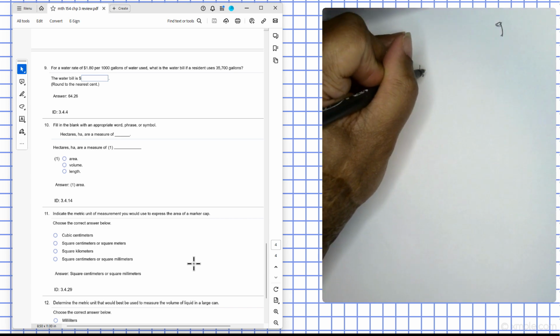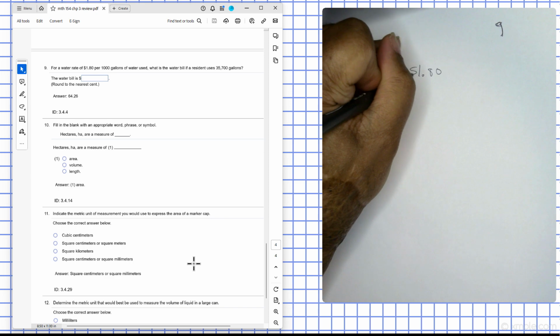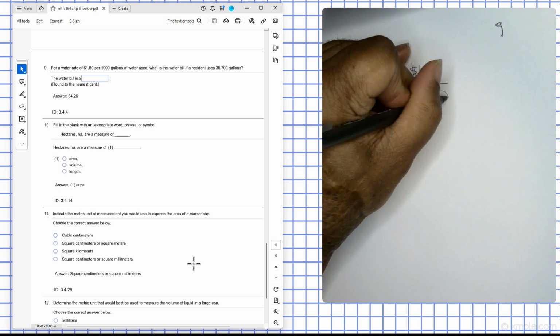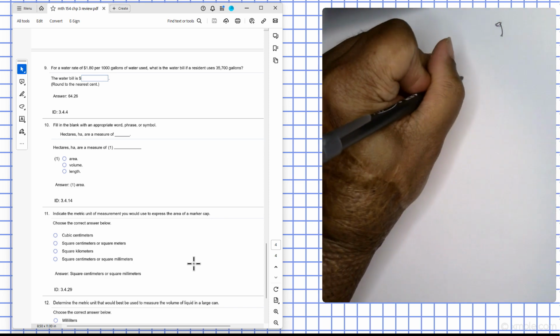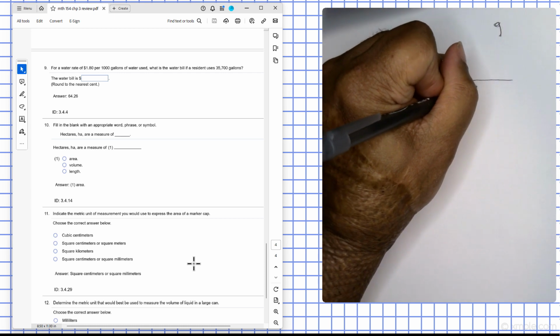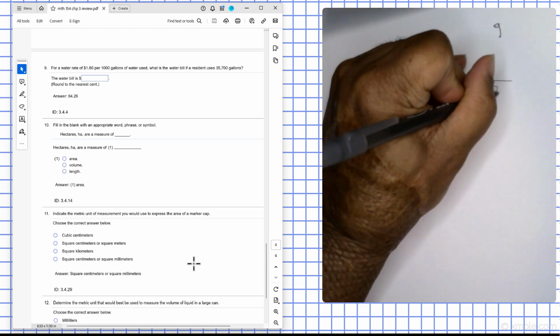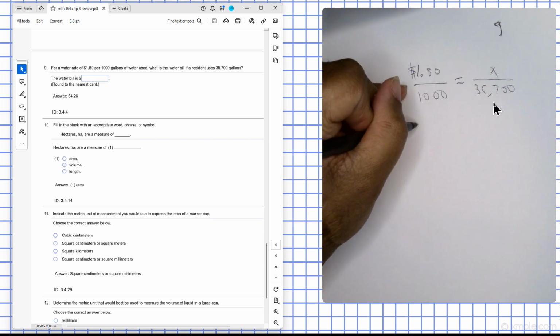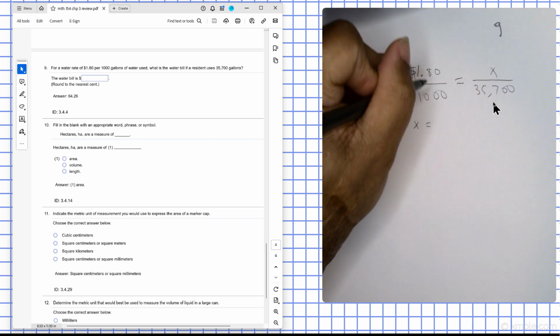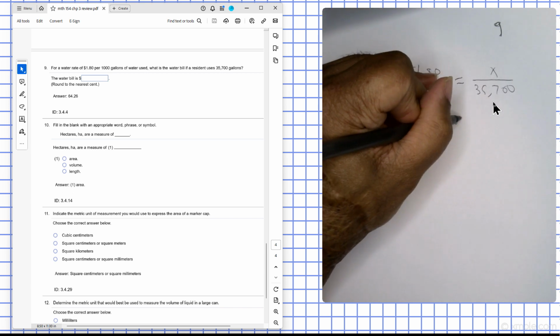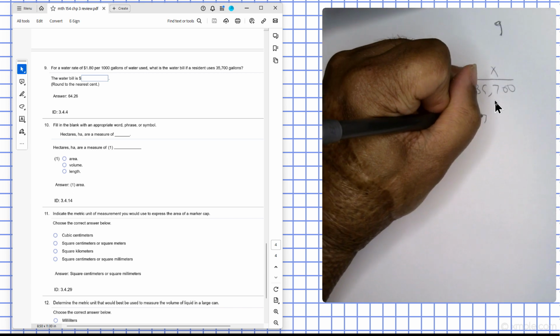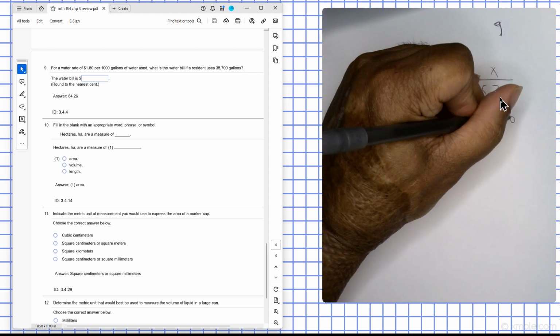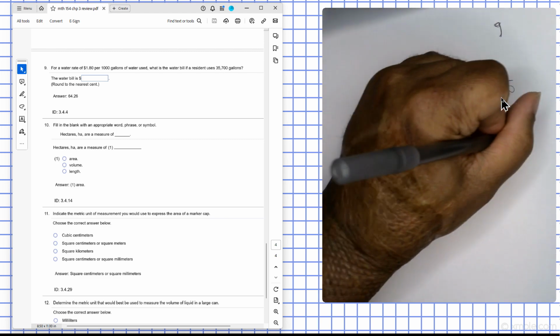I know if they're going to charge me $1.80 for every 1,000 gallons, how much are they going to charge me for 35,700 gallons? So I can cross multiply and divide. X is equal to 1.8 times 35,700, this times this, divided by 1,000.